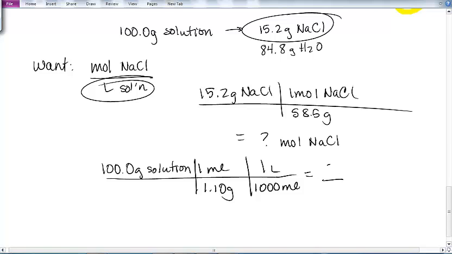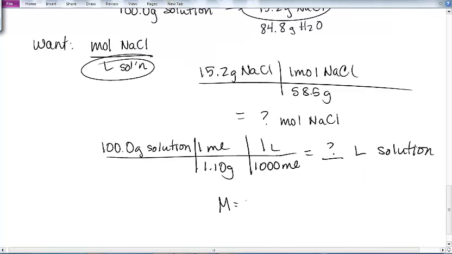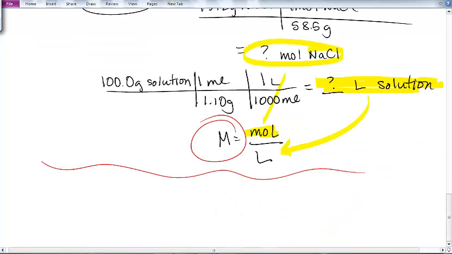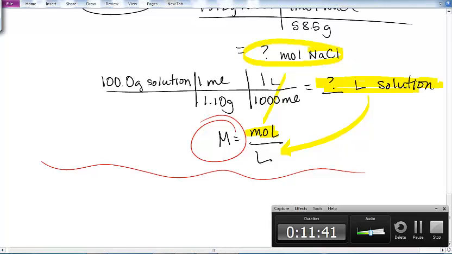And so that gives me however many liters of solution. So if I want to find my molarity, which is what I was ultimately asked to do, that's going to be equal to these moles of my solute divided by my liters of solution, which I have just calculated here, and I can divide it out and I will have my molarity. So we're going to practice some of that in class, so bring your book and be ready.